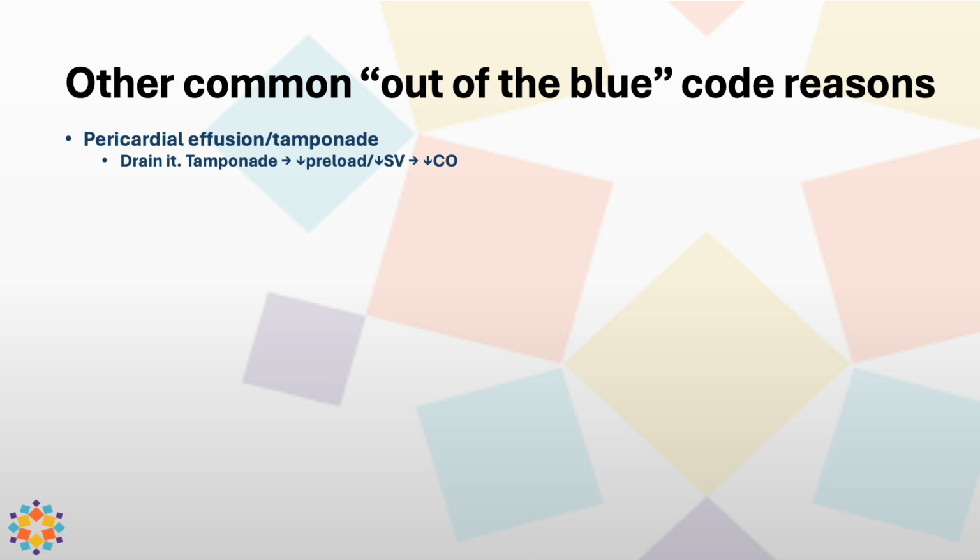When you get a pericardial effusion that leads to a tamponade, this is a restrictive problem. The heart cannot fill. It's not a squeeze problem. It is a cardiac output problem, but it's not because of low contractility. It's because of low preload, right?